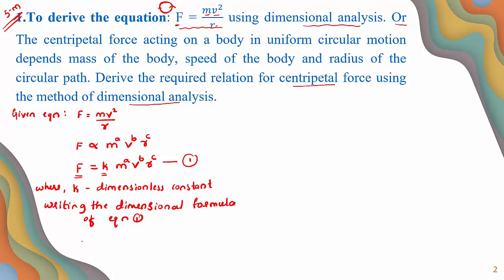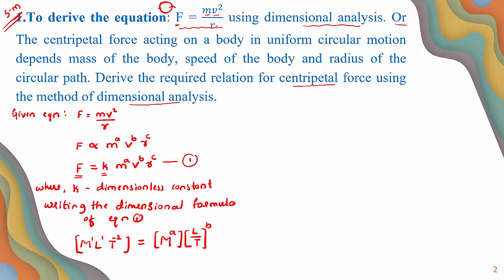We already know it is M raised to 1, L raised to 1, T raised to minus 2. On the RHS, don't bother about the k value because k is dimensionless, leave it. Remaining is M raised to a, capital M raised to a. Then the second term is velocity. Velocity is given by the equation L by T.